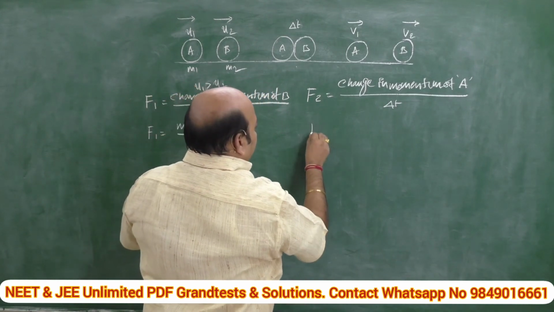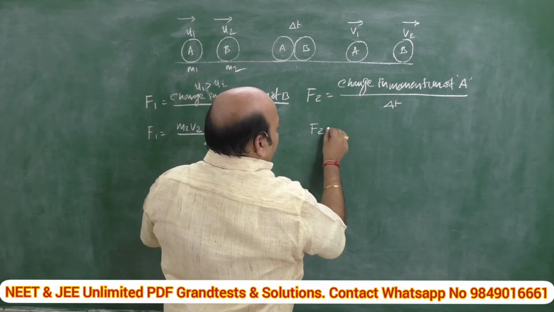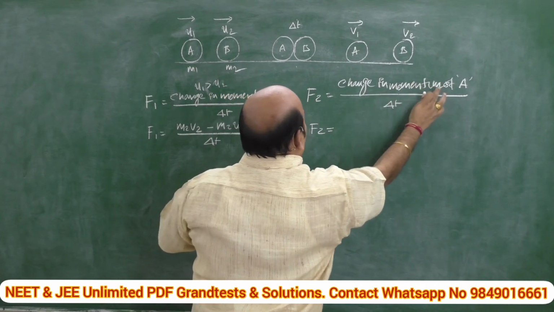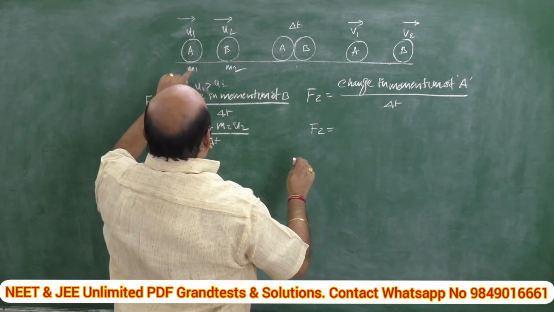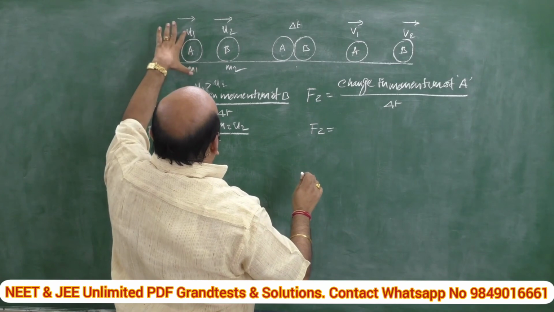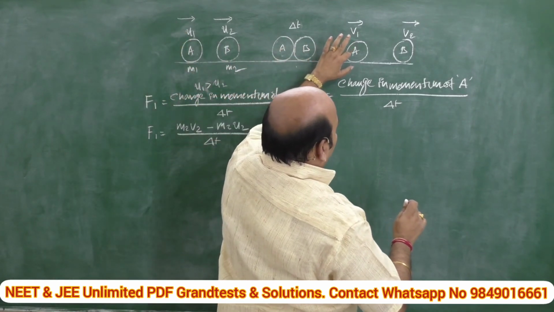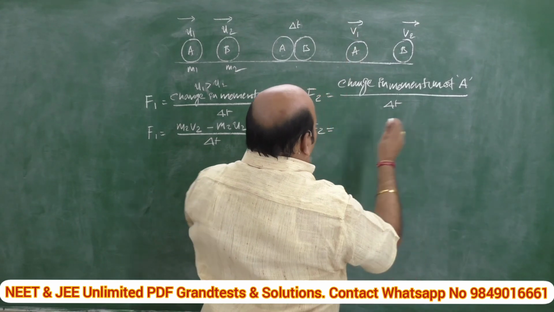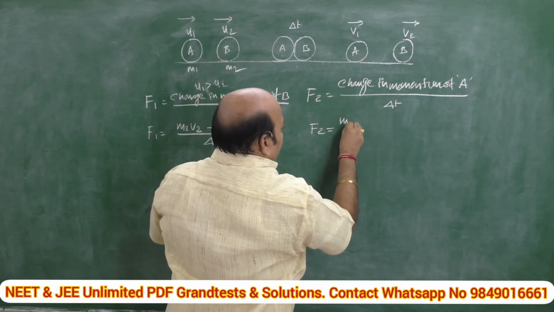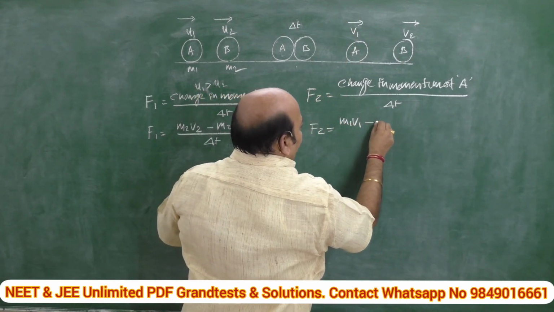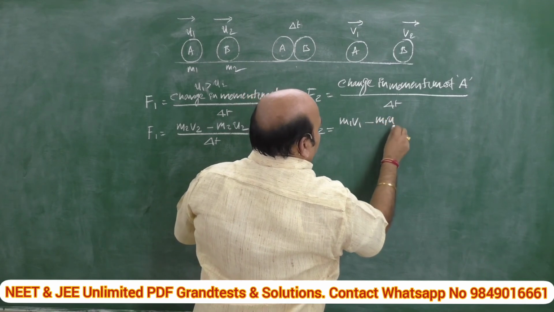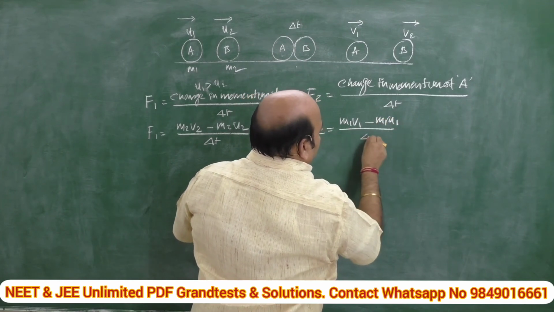This implies F2 is equal to, what is the change in momentum of A? What is the initial momentum of A? Its mass and velocity, the product m1 u1. What is the final momentum? m1 v1. What is the change in momentum? It is nothing but m1 v1 minus m1 u1 by delta t.